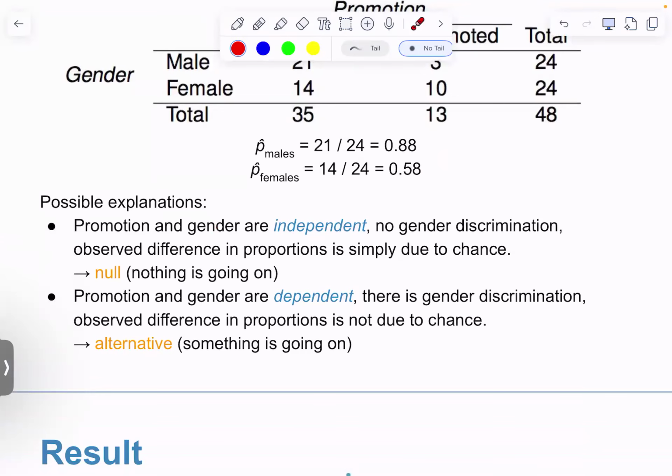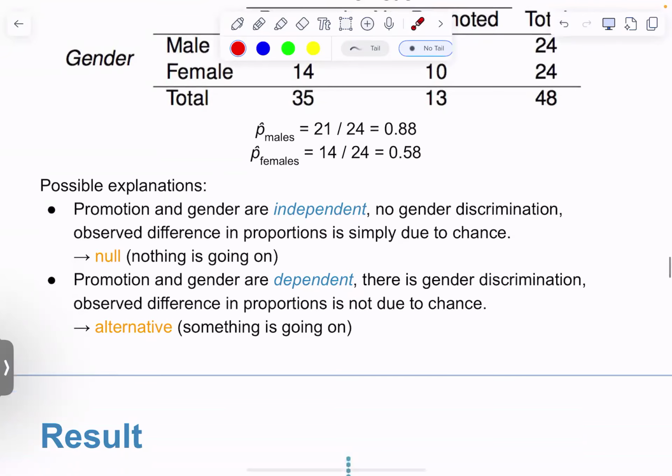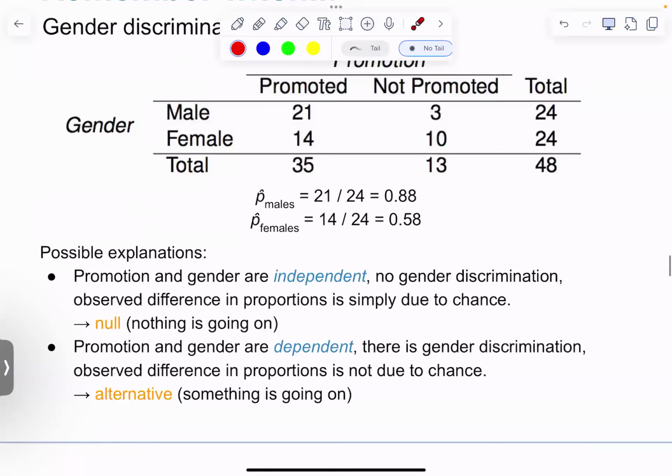Promotion and gender are independent of each other, and so there's no gender discrimination, and the observed difference in proportions is simply due to chance. You got a weird group of 24 and 24. If you collected a new sample, these numbers would end up being much more similar to each other, and we just got a weird group.